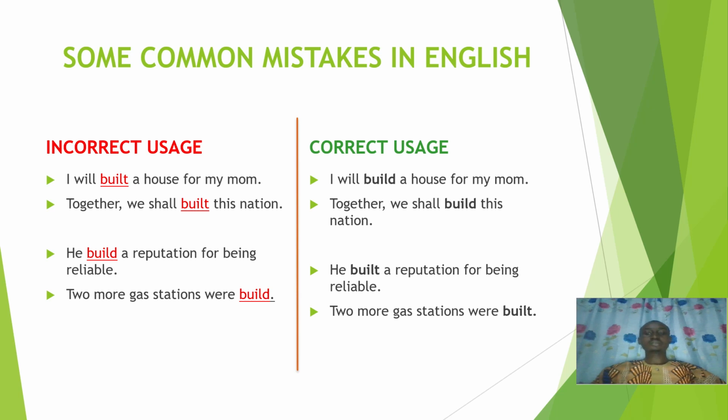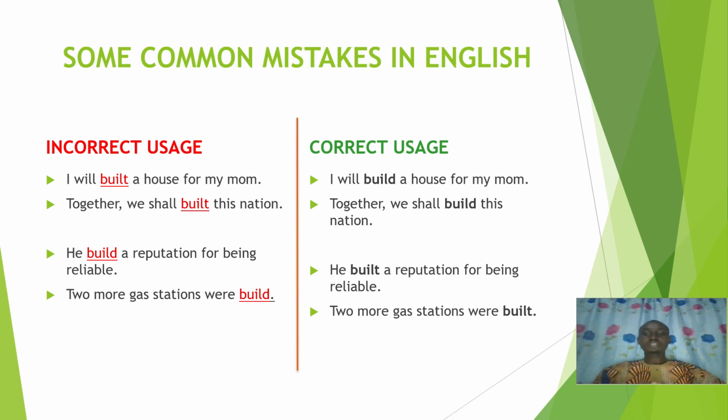It is therefore not correct to say I will built a house for my mom, but it should be I will build a house for my mom. When you use the verb will, then you can't bring built.